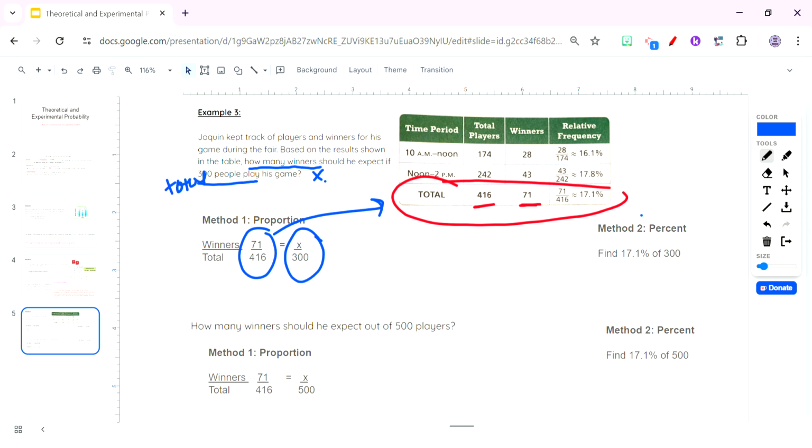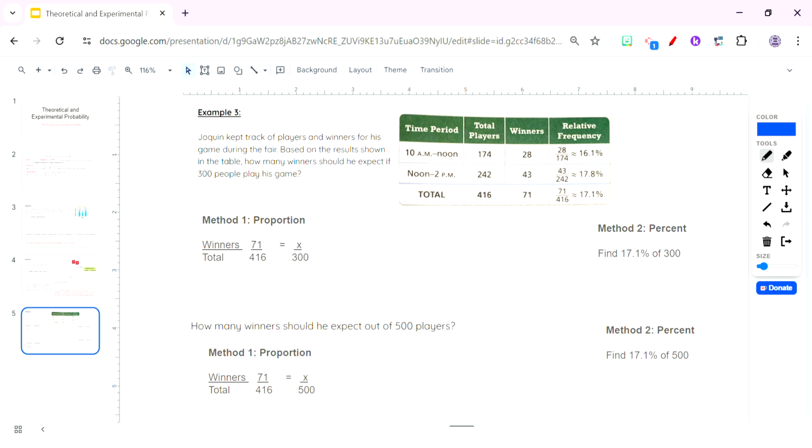All right, so if we go to solve, 71 times 300, that would get us 21,300. And then if we do 416 times x, we get 416x. Okay, I am going to continue solving this up here.